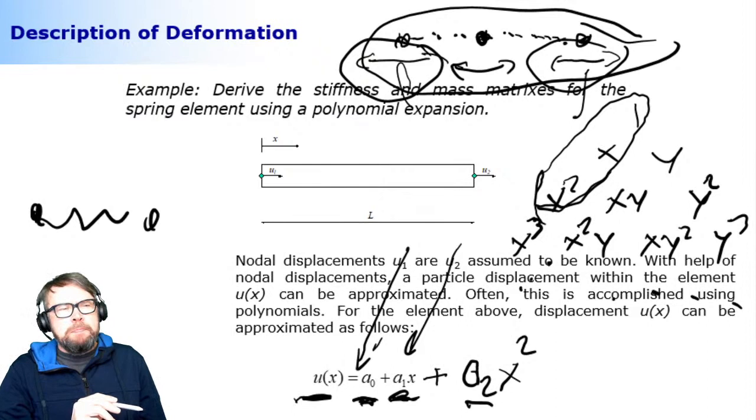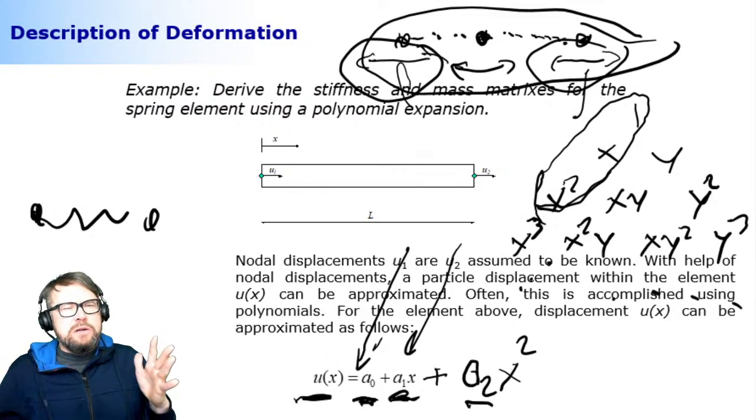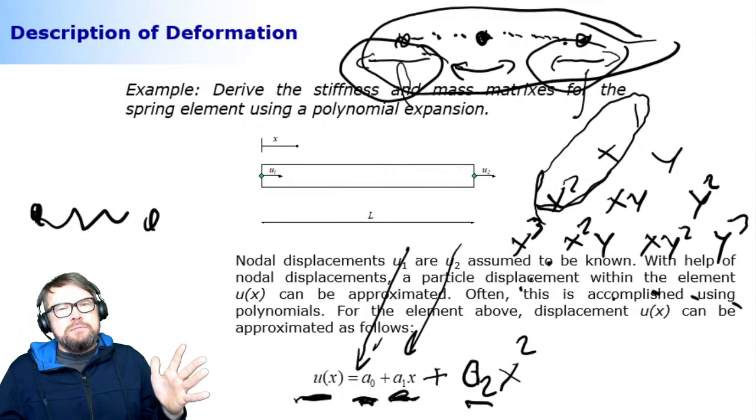So maybe instead of using these unclear parameters, A0, A1, A2, I can use nodal degrees of freedom. Yeah, I can do that. That's what I'm going to do next. And when I do that, I'm going to get something that is called shape functions. The shape functions are telling me how the particles between these nodal locations are moving with respect to each other.